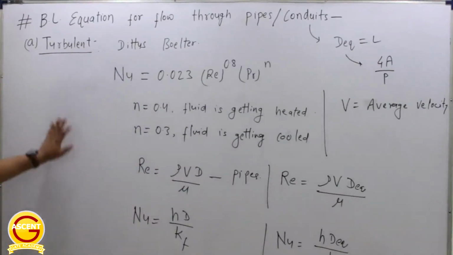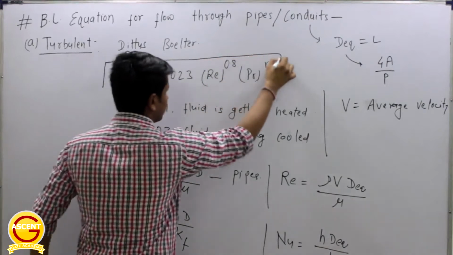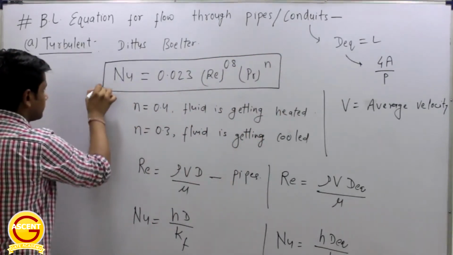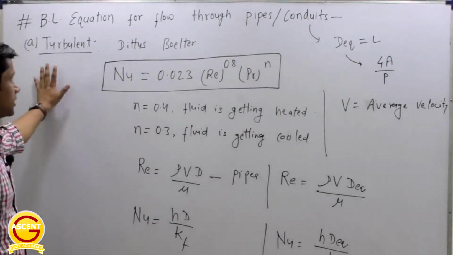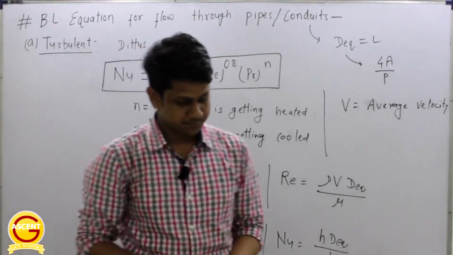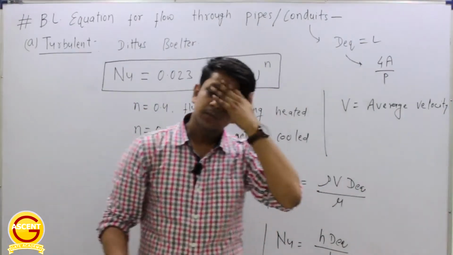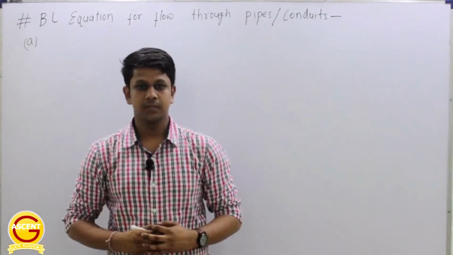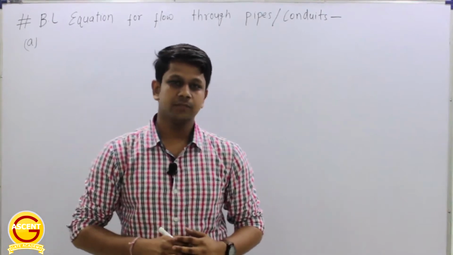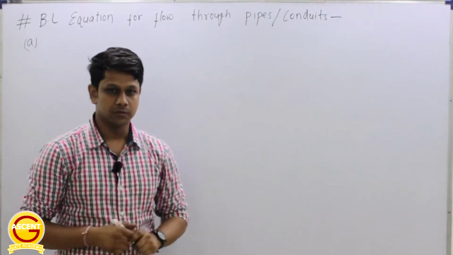So this is our Dittus-Boelter equation, and this is how we can use it. Whenever the flow is turbulent, we have to use this equation. So we have seen the boundary layer equation for pipe flow in turbulent flows.